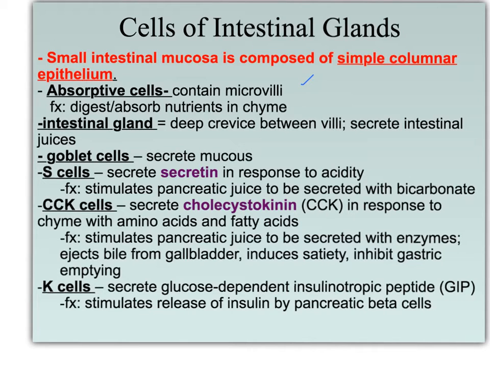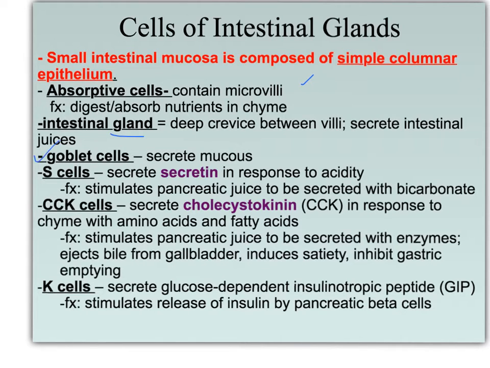Absorptive cells we already talked about, and that whole crevice thing is called a gland, intestinal gland, and a gland is essentially a unit that's made up of several different cells together that work together to secrete a substance. In this case, it's going to be secreting some of the intestinal juices. What's in those intestinal juices?